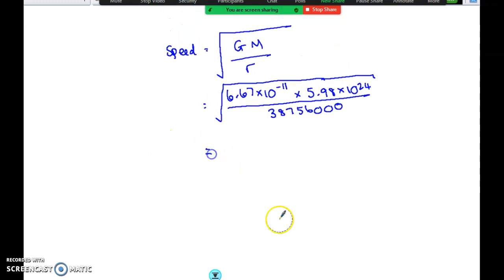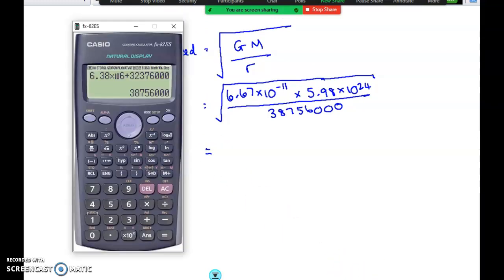Right, your second mark comes from working out the bit under the square root sign. So we'll do that bit separately. Calculator, doing 6.67 times 10 to the negative 11 times 5.98 times 10 to the power of 24, and I'm going to divide by 38,756,000.